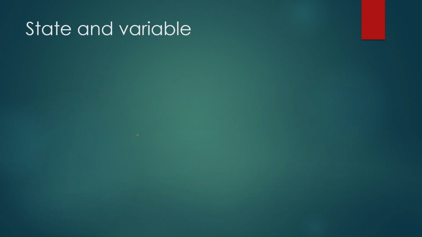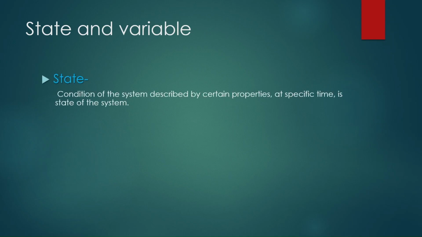Now let's understand what state and variable are. State is the condition of the system described by certain properties at a specific time. Suppose we keep a vessel with some water and heat up the burner.